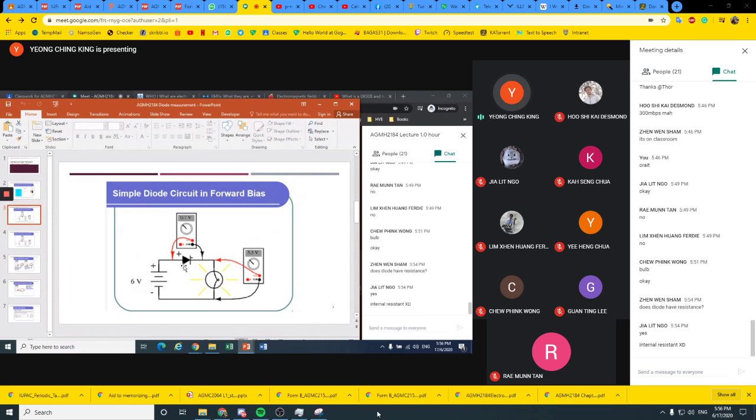Or the practical model is this one, 0.7 volt. Or another one is the complete model. That one is in the reverse bias. We will consider a resistance appearing in the diode there. Okay, a small resistance value.